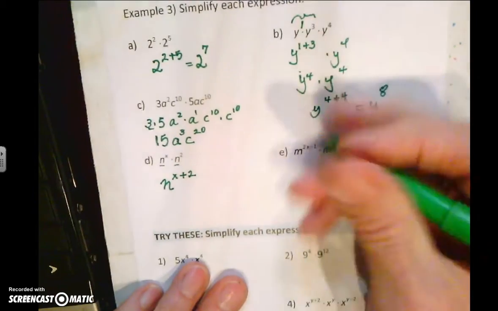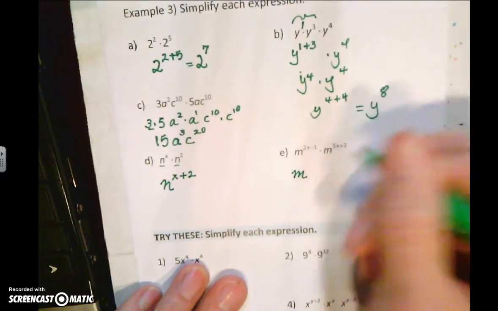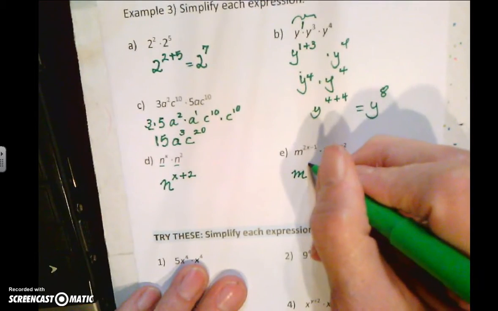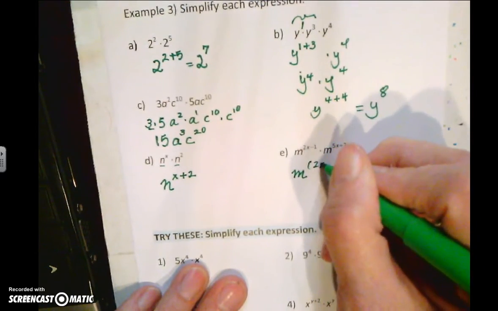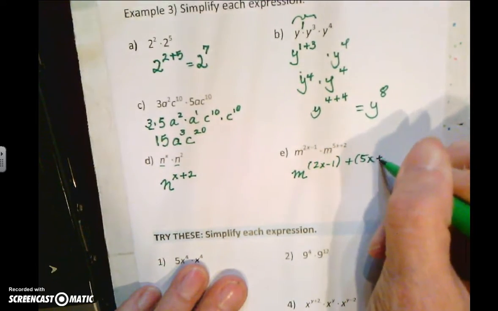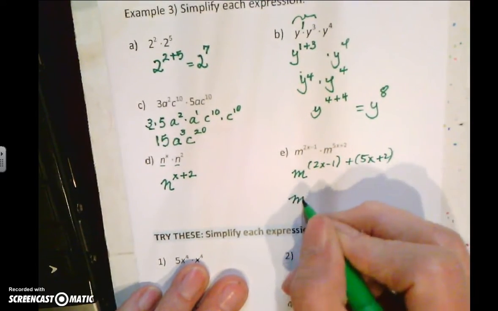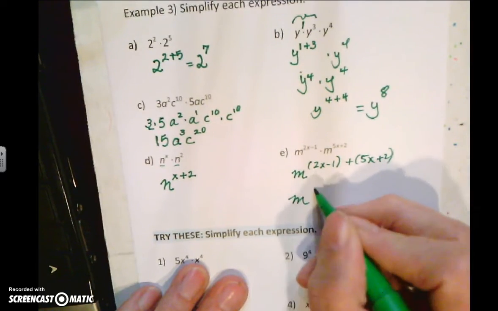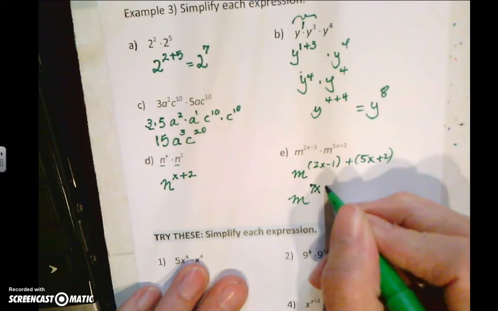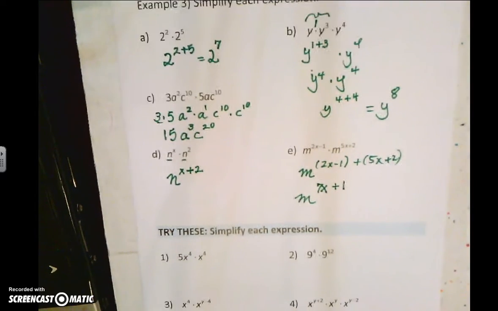Same thing here, the m's have the same base, and I'm multiplying, so I'm going to add the exponents. So I'm going to have the 2x minus 1 plus the 5x plus 2, and that's going to simplify to 2x plus 5x is 7x, and negative 1 plus 2 is a plus 1.